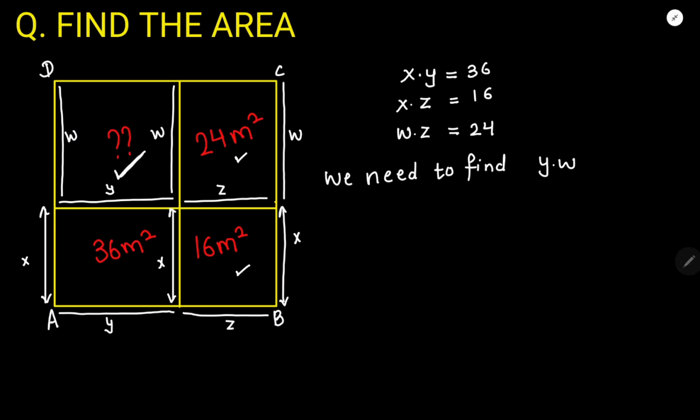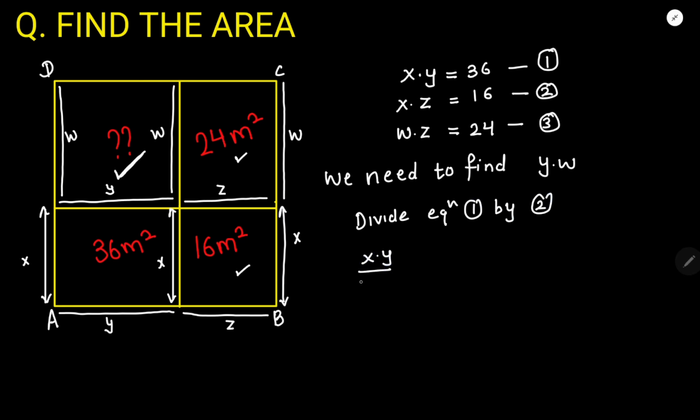Okay, so what will I do? I will make use of whatever is given. I have 3 equations here, 1, 2 and 3. So if I divide equation 1 by 2, what will I get? X times y by x times z is equal to 36 by 16, right?